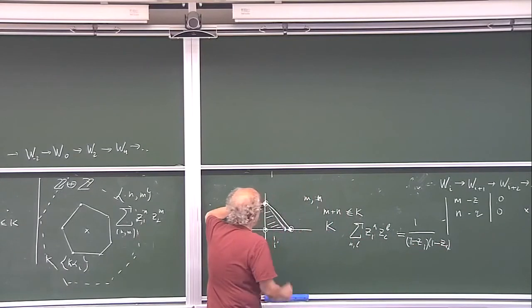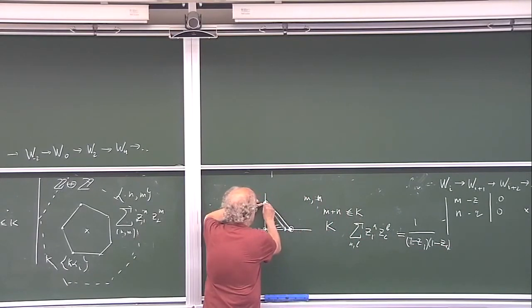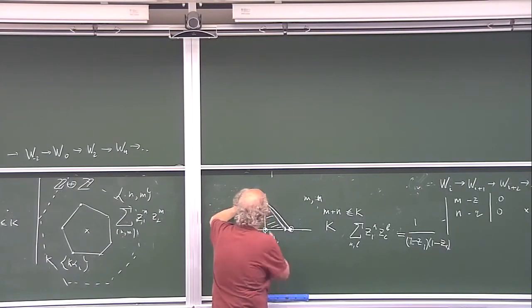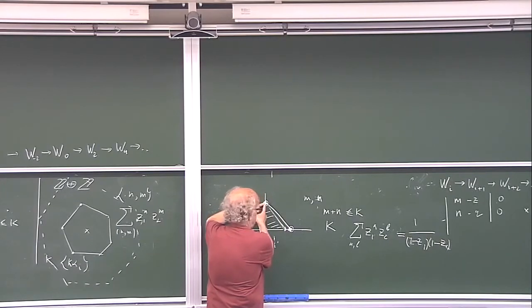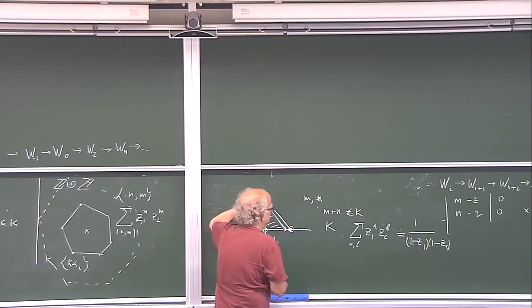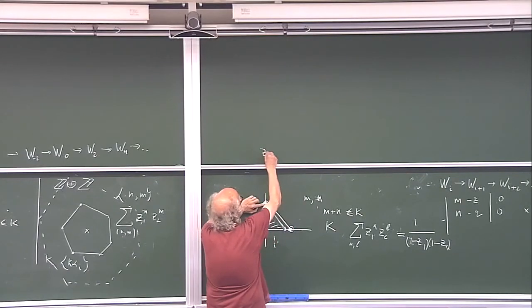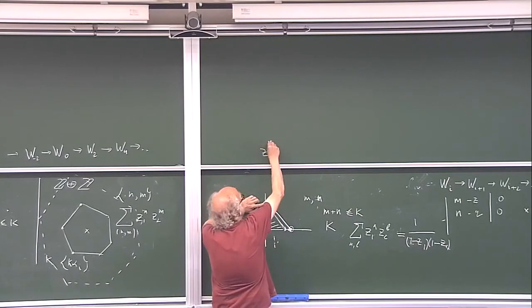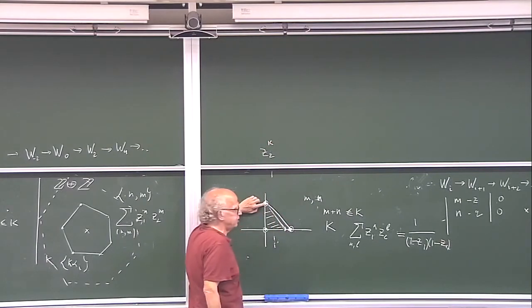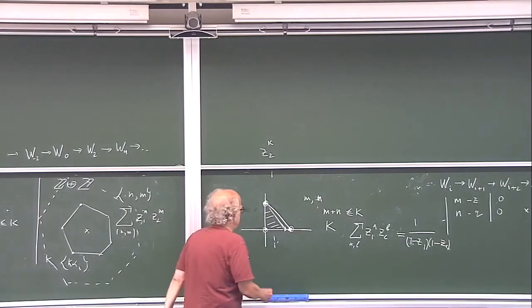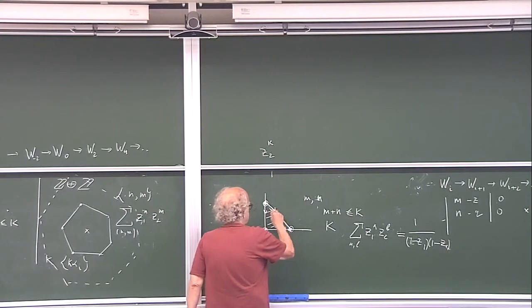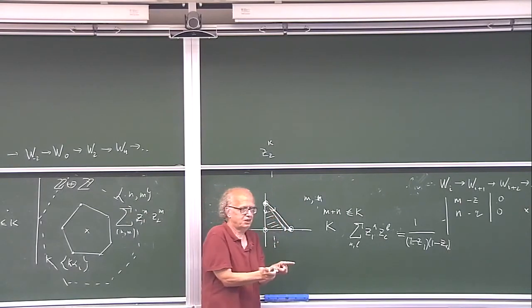If a person is here, then what is he saying? First of all, his coordinate at this point will be maybe z2 to the power k, because it is the weight of this vertex. But from his point of view, what he sees is his cone.